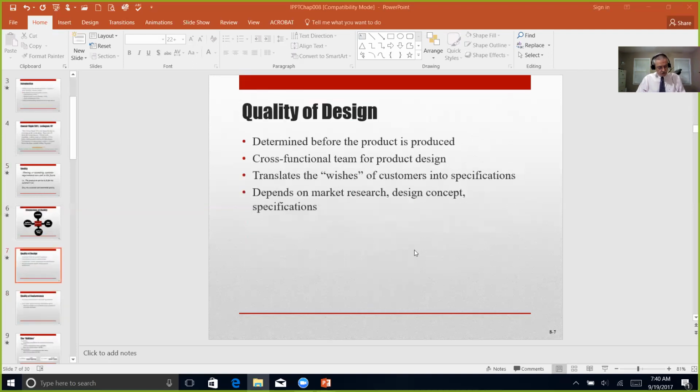When we think about quality of design, it is determined before a product is even produced. It's usually the responsibility of a cross-functional team, which may include marketing, engineering, operations, and other functions. Part of that design can be determined by quality management or market research, looking at the design concept and the specifications.